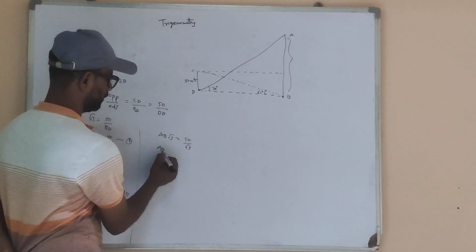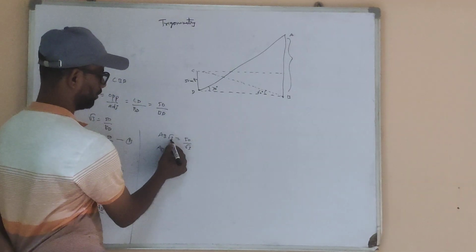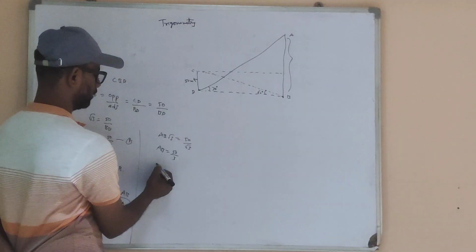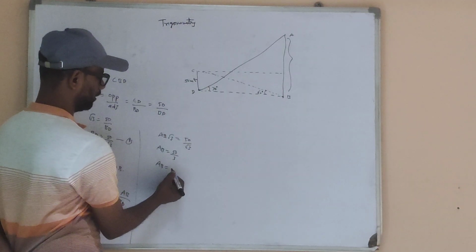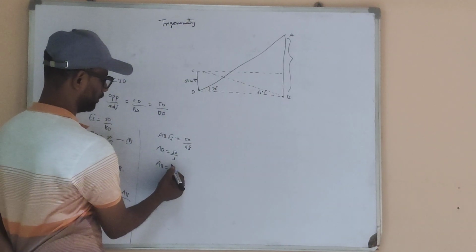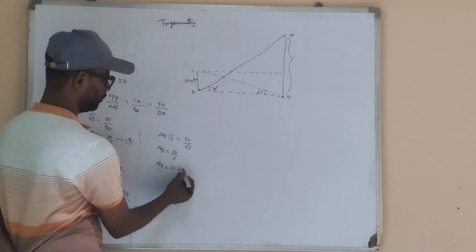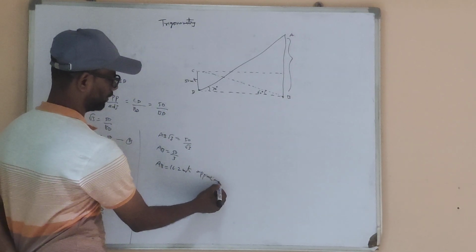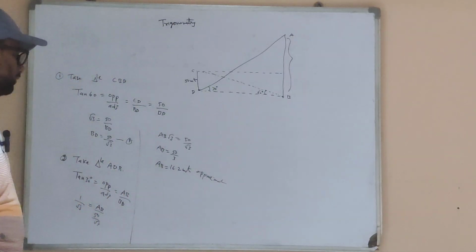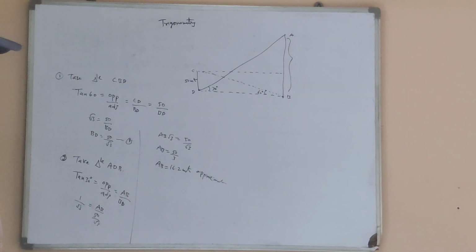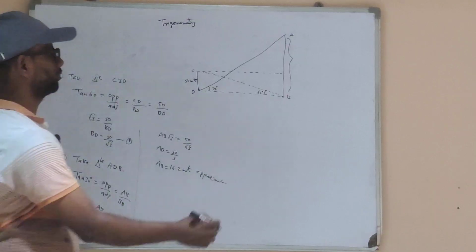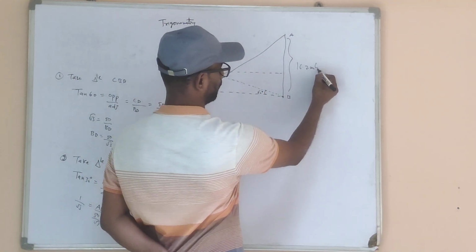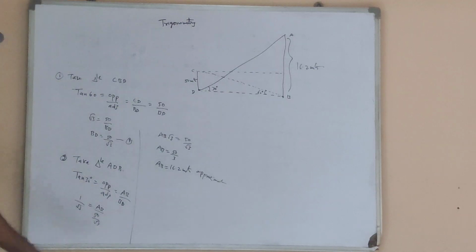So AB is equal to 50 by 3, so AB is nearly 16.2 meters approximately. Okay, 16.2 meters. So the height of the building is how much? 16.2 meters. So like this we have to solve the question.